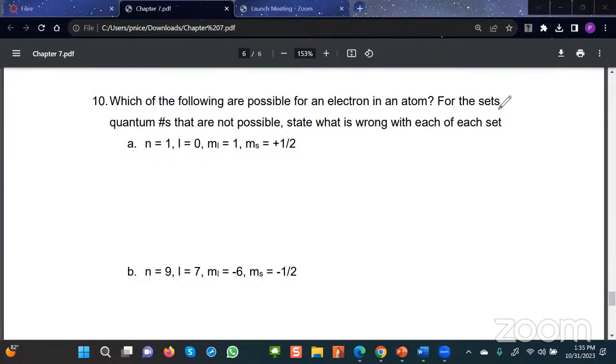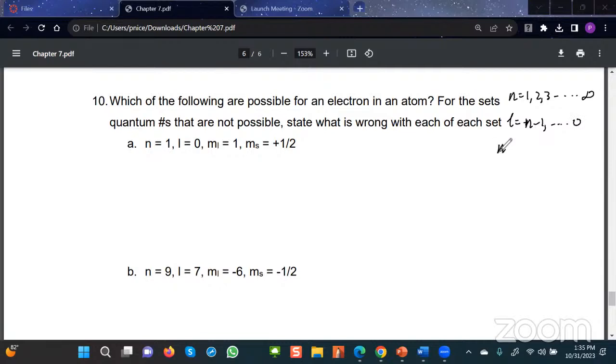So remember I said that the values of n can go from 1, 2, 3, all the way to infinity, right? The values of L would be equal to n minus 1 and all integers through to 0, right?